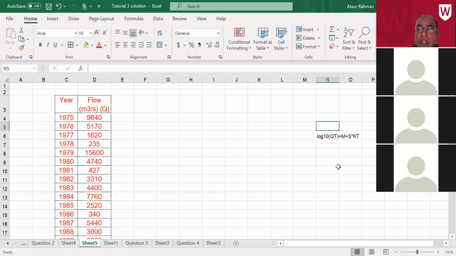In this equation, m equals the mean of the log data, mean of log Q, and S is the standard deviation of log Q, and KT is the frequency factor.